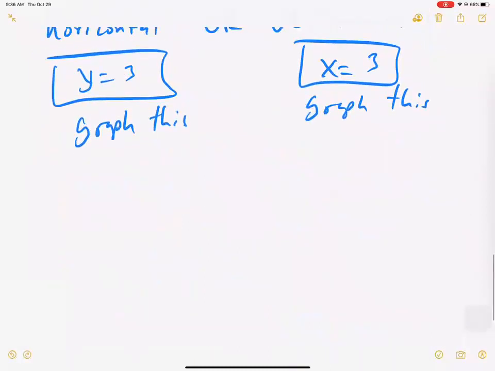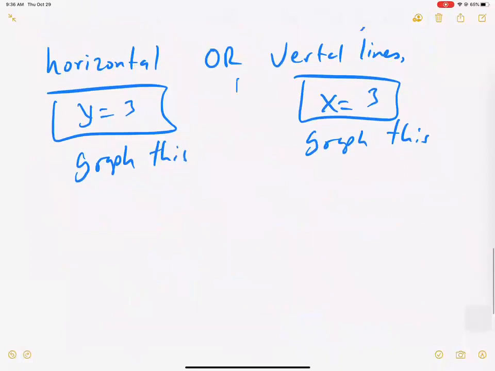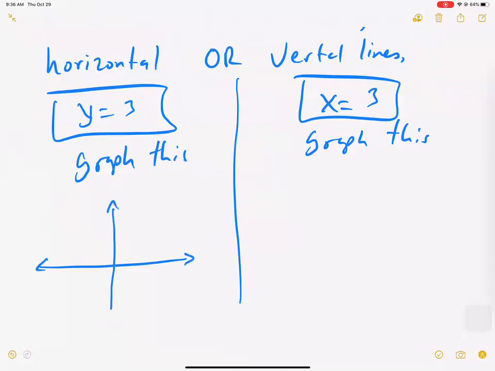So let's look at our left section here, and we'll make a decision: is this horizontal or vertical? Let's draw a graph. And you tell me, what's the only thing you know about this line graph? That y is equal to 3.